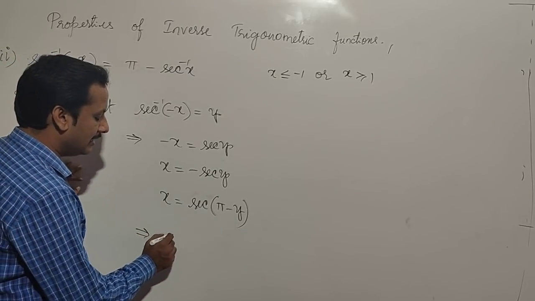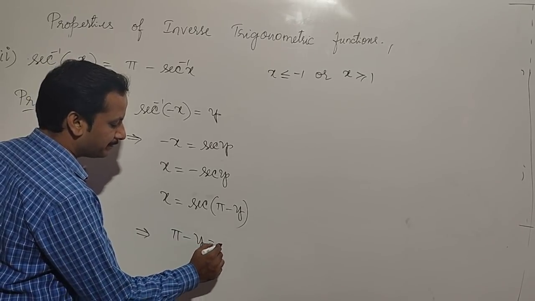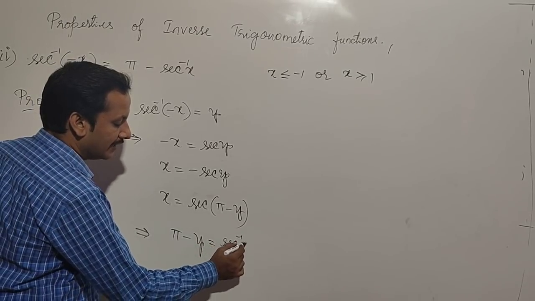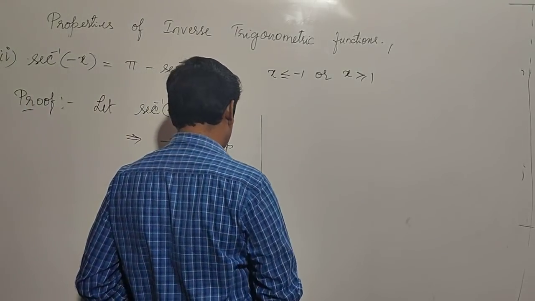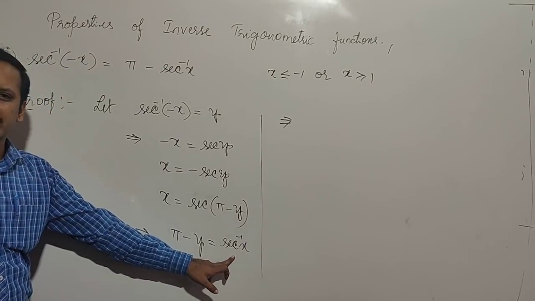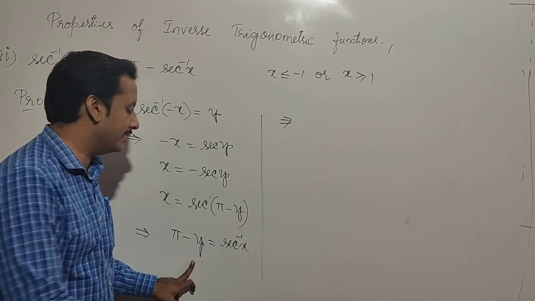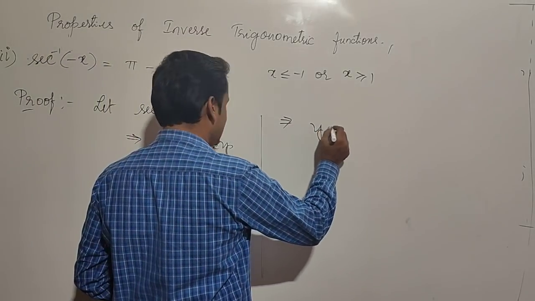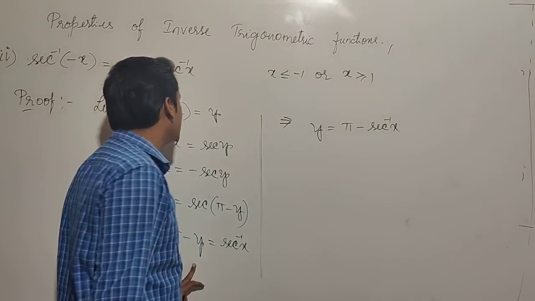This will imply that pi minus y is equal to secant inverse x. Take y to that side, bring secant inverse x to this side. We can write that y is equal to pi minus secant inverse x.